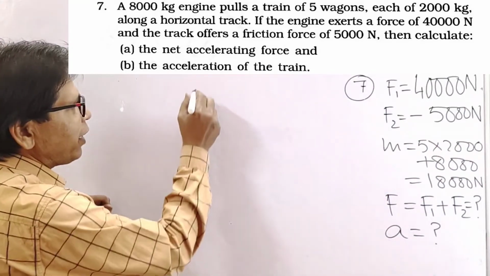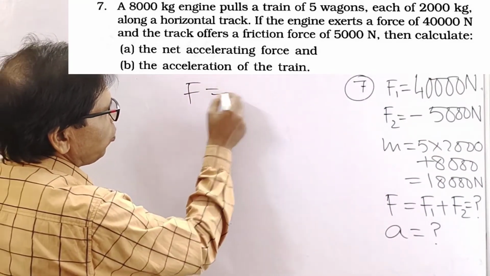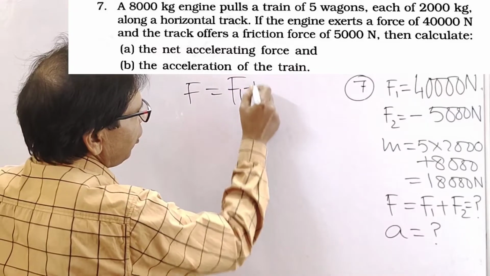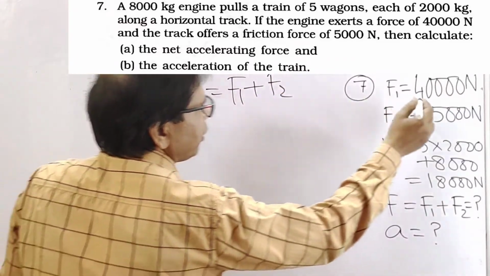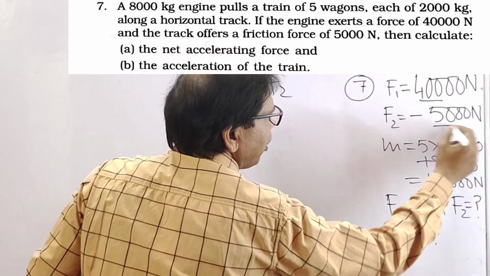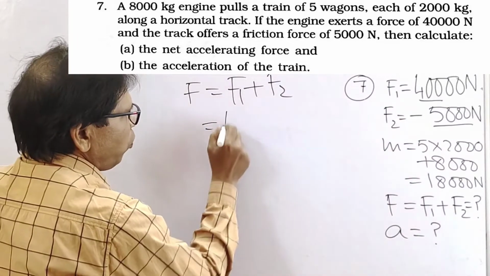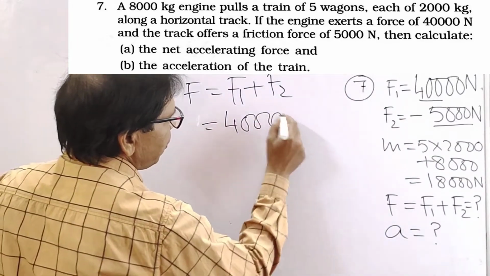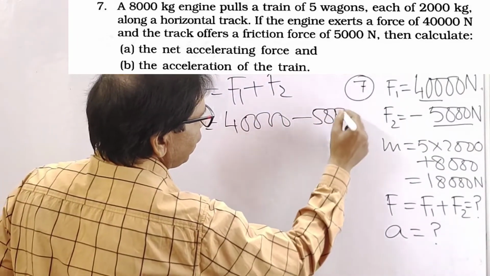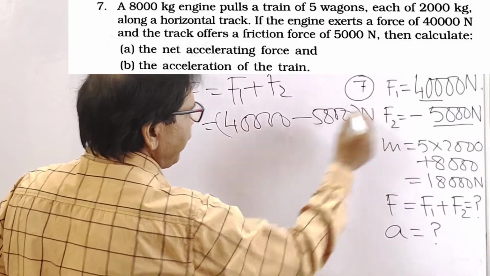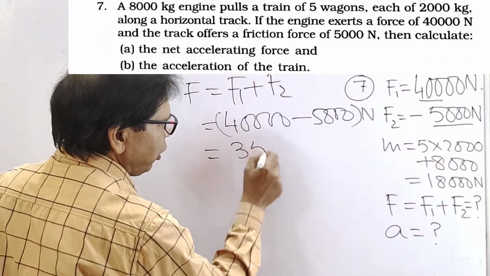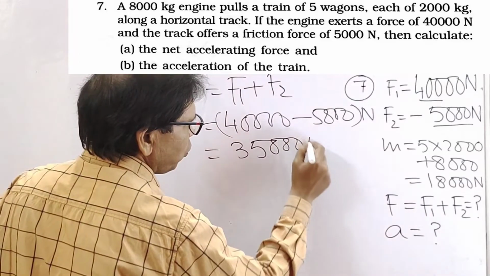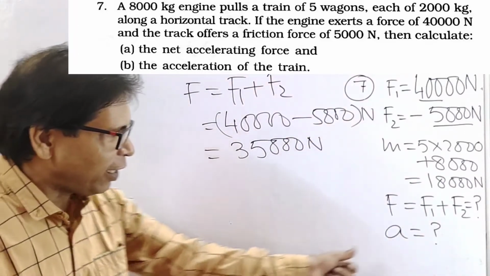Therefore, net accelerating force F is equal to F1 plus F2. Look at this, this is 40,000 and this is 5,000. So 40,000 minus 5,000. Therefore, the net accelerating force is 35000 Newton. What is the acceleration?